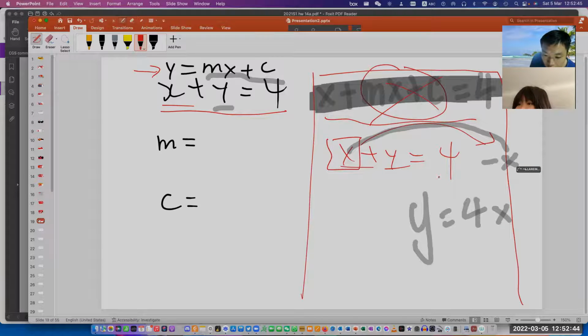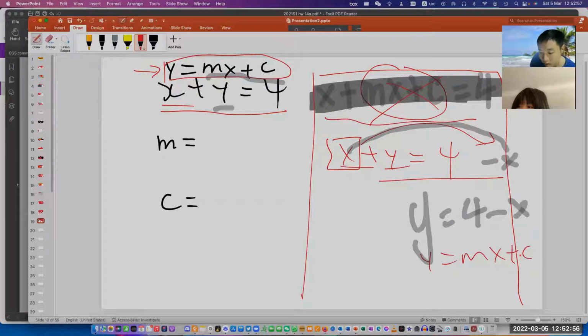Okay, good. So it should be y equals to 4 minus x. You need to get it into y equals to mx plus c format. This is still not y equals to mx plus c.